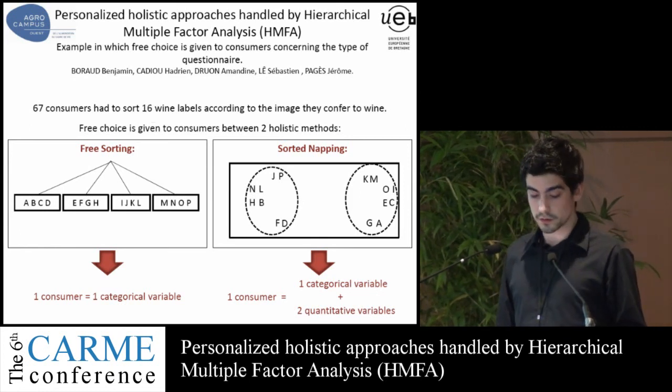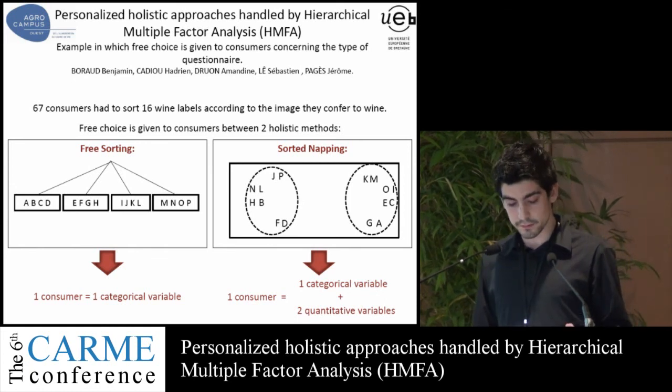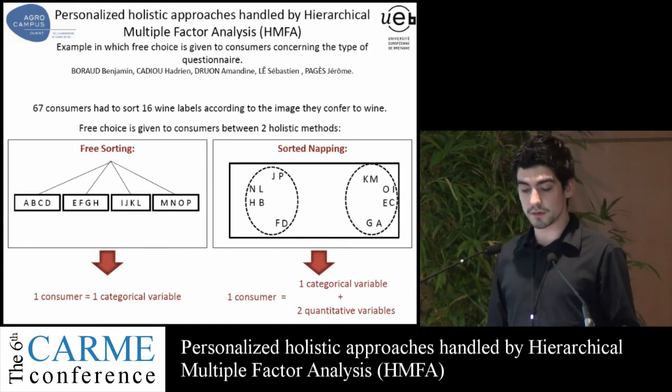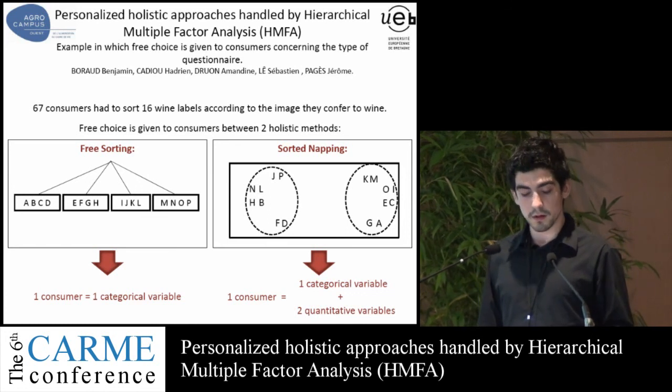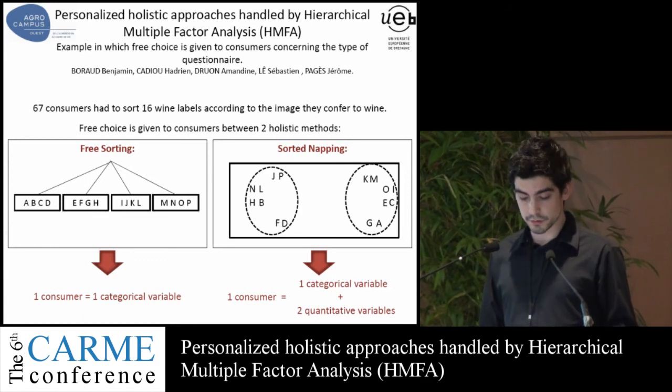They can choose the free sorting, which consists of creating homogeneous groups of labels. And they can also choose the sorted mapping, which consists of placing the labels on a tablecloth. Afterwards, they can bring together labels in different groups.